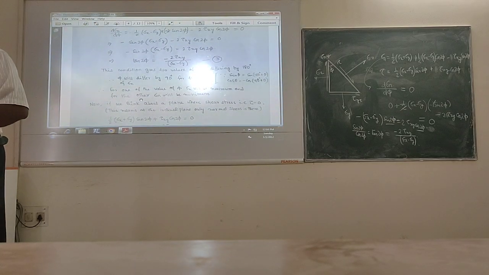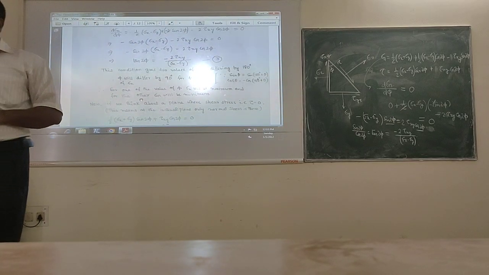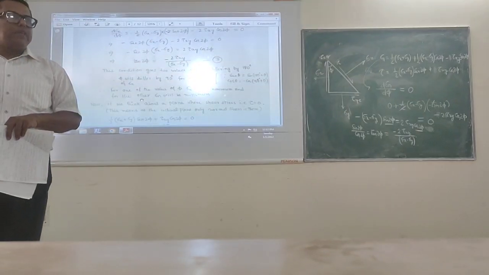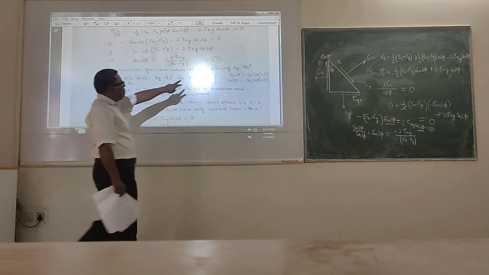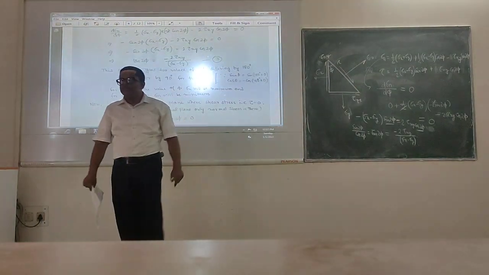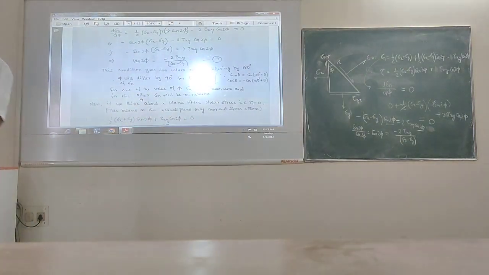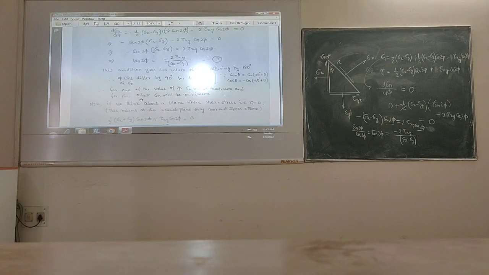What does it mean? It means that the value of tan theta will basically differ by 180. The value of theta differs by 180 degrees.